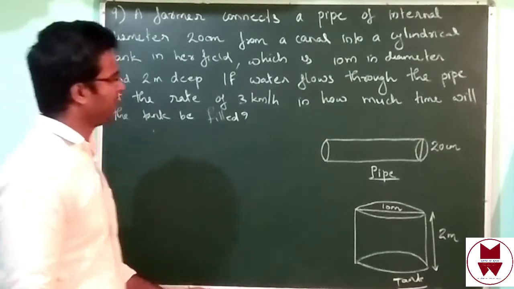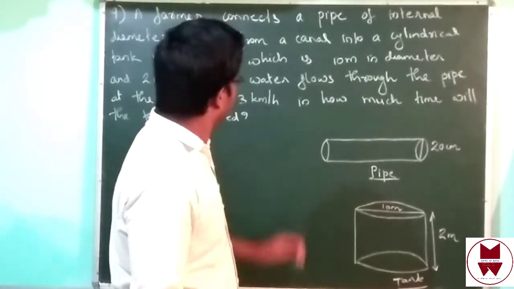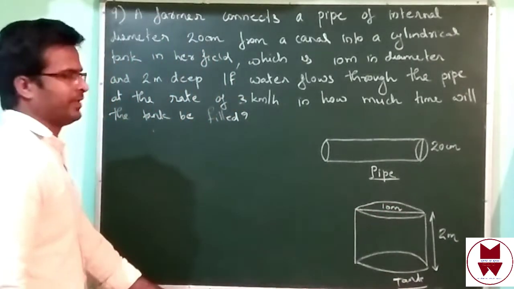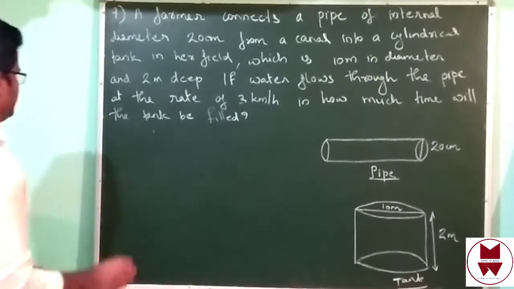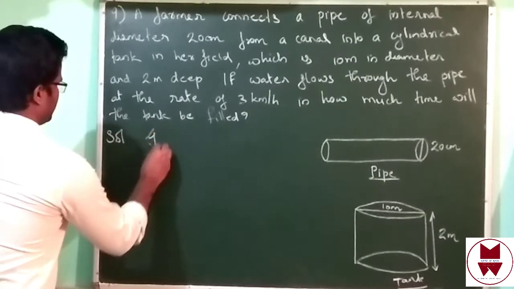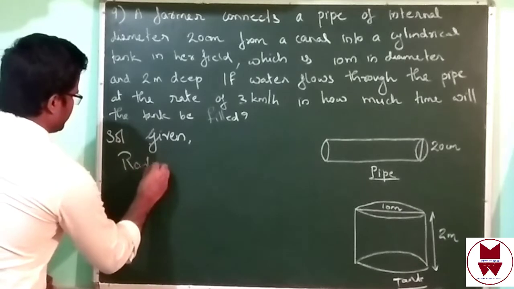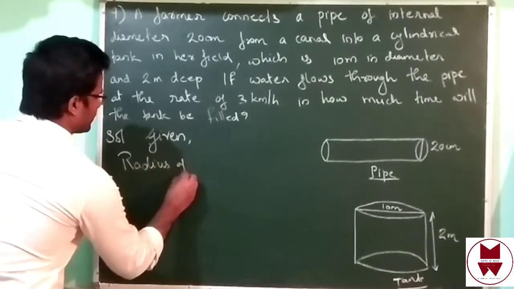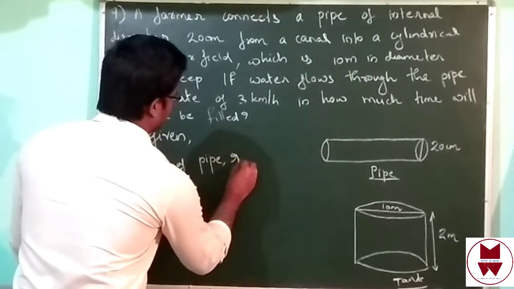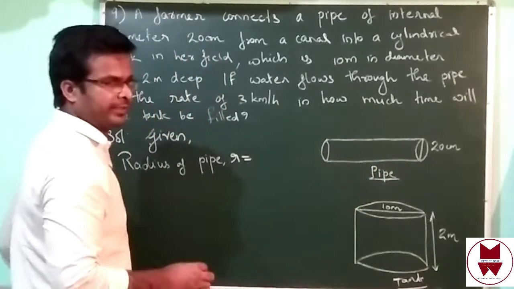Our question, we have to find out the time taken to fill the tank. First we can write what things are given in this question. Given, radius of pipe, small letter r. Radius how much? Diameter is 20 centimeter.